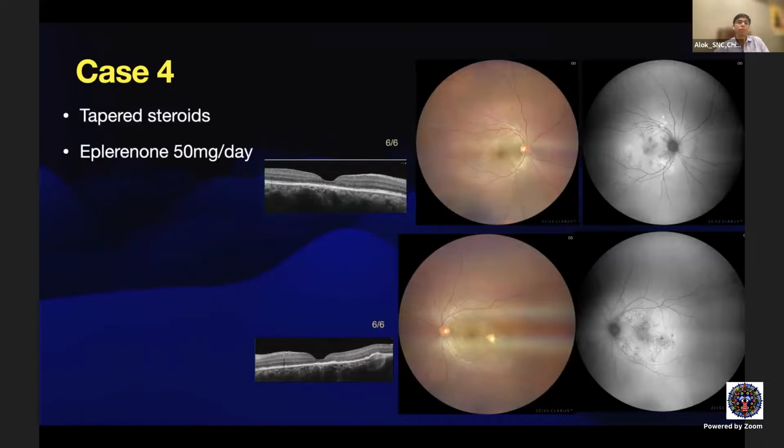So we started tapering steroids readily, and we put the patient on eplerenone 50 milligrams per day. And this is after a month where there is resolution of the fluid. And you can see on fundus autofluorescence also there is stippled hyperautofluorescence, which is very suggestive of a CSC.